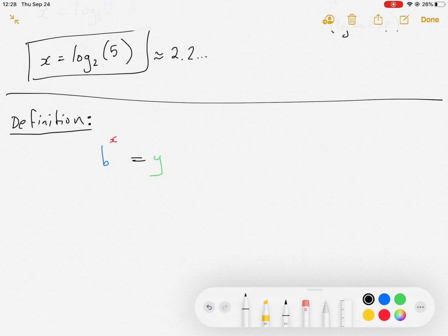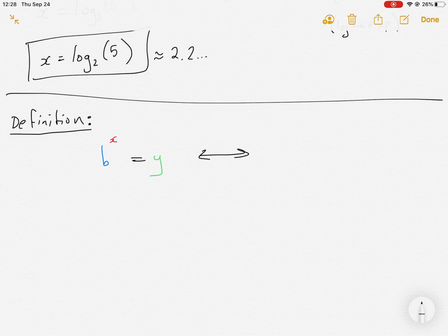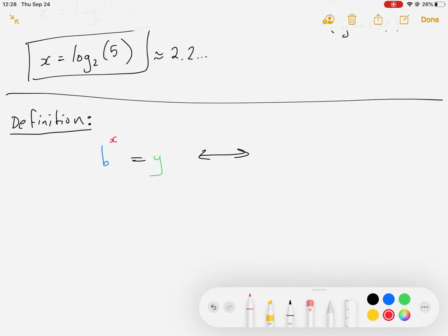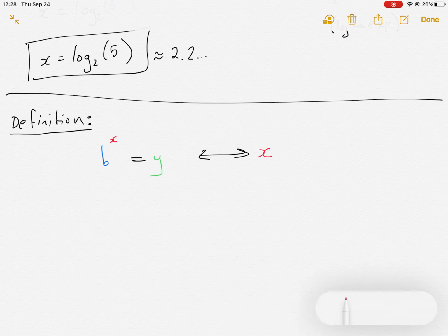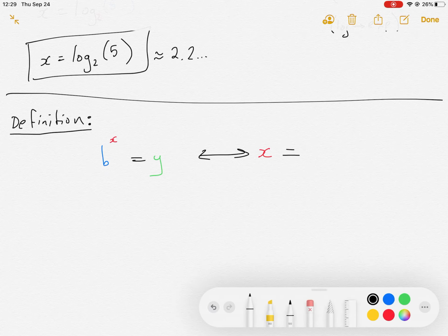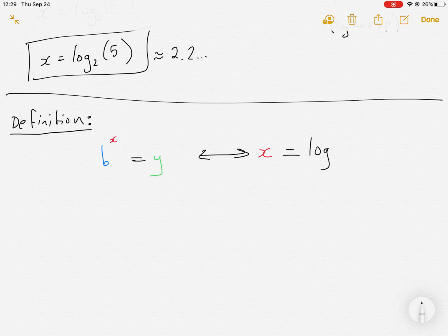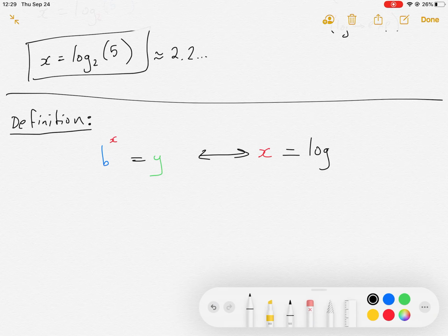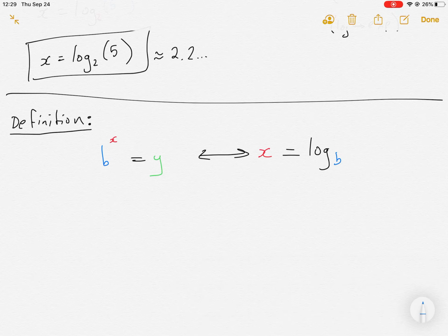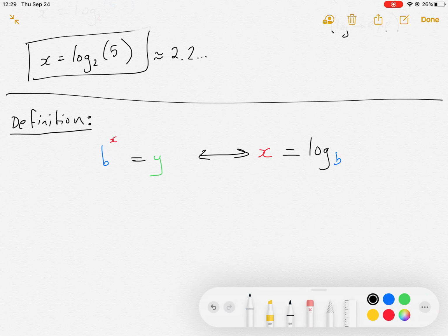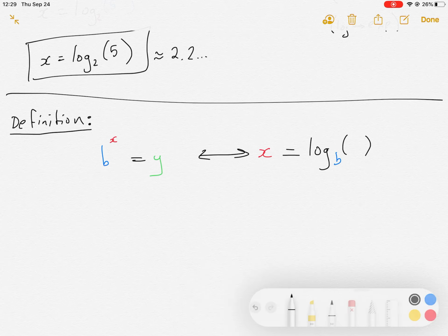Then to rewrite this as a logarithm, you would say whatever's in the exponent, in this case I have an x there, x equals, let's do log base b of y.